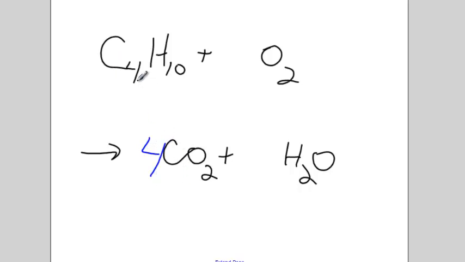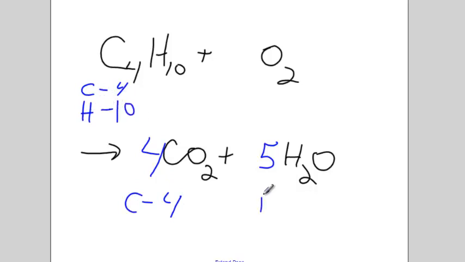Now I have 4 C's and 4 C's. 10 H's, 2 H's, 5 there. Okay, now let's total. 4 C's, 4 C's. 10 H's, 10 H's. 2 O's, 8 plus 5, that's 13 O's.